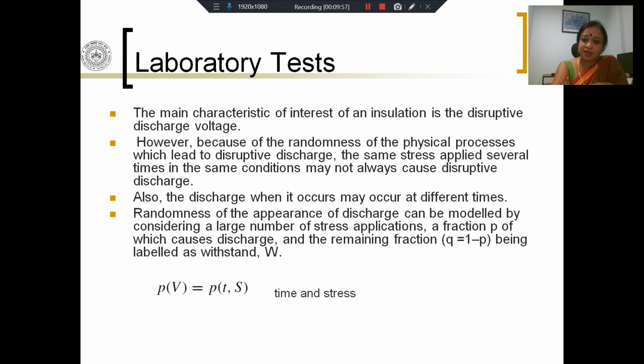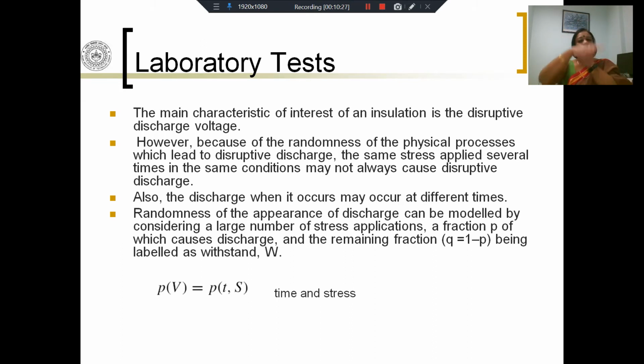So the randomness of the appearance of the discharge can be modeled by considering a large number of stress applications. So you have to have a large sample, so that many breakdown tests are carried out at the same voltage for the same time, because we have seen earlier that the breakdown voltage is a function of time and stress. So you apply a particular voltage, what is the stress in the insulation and what is the time for which you are applying, both these will determine.